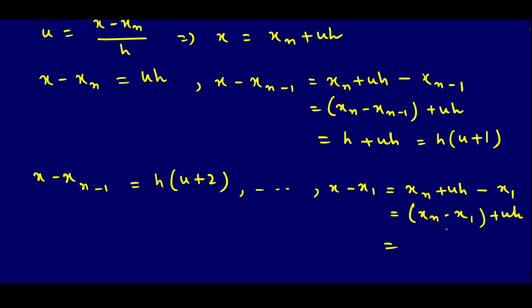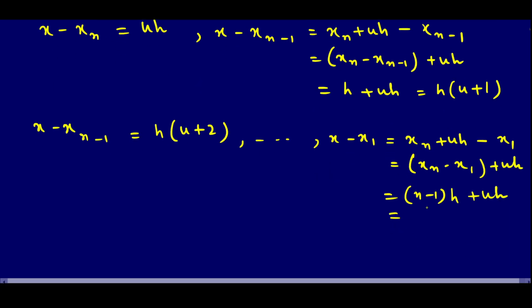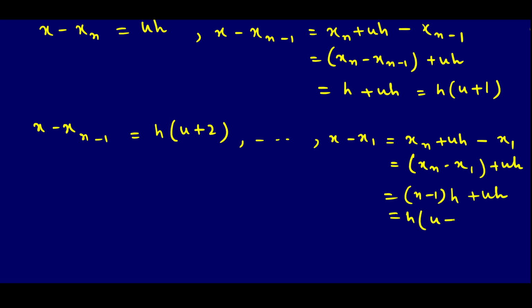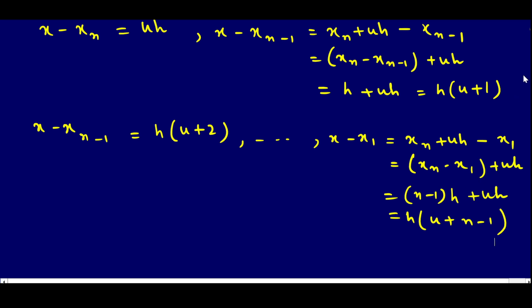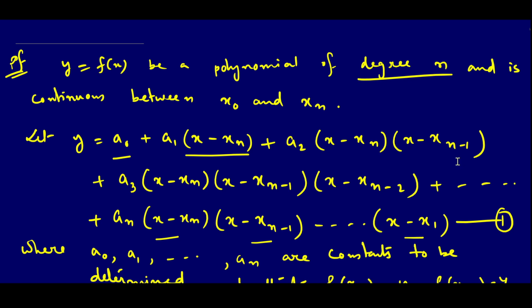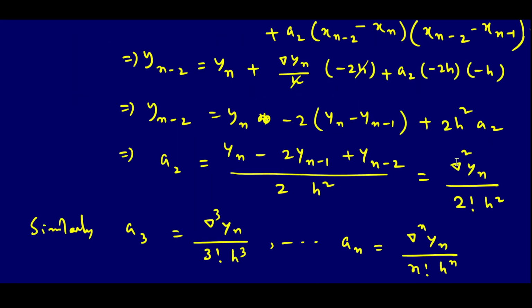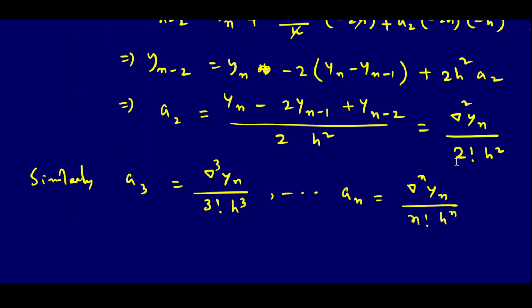So see, now it is the difference between last argument and second argument. So the difference is n minus 1. So n minus 1 into h plus uh. So if you take h common, it will be u plus n minus 1. Now all these values we now have to put in equation number 2. So let it be equation number 2, the last one.